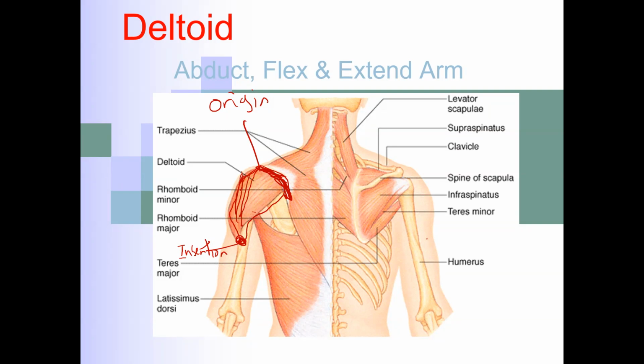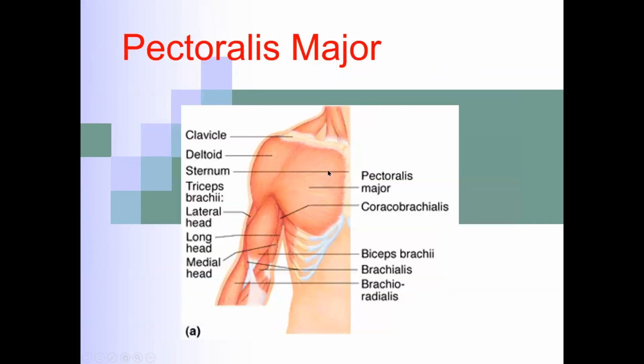Whereas if you contract the bottom part down here, you can flex the arm by moving it closer to the body, right? Okay, so hopefully that makes sense, right? So it flexes and extends the arm depending on the part of the muscle that contracts. It can also abduct the arm, which means to move the arm away from the body, right?